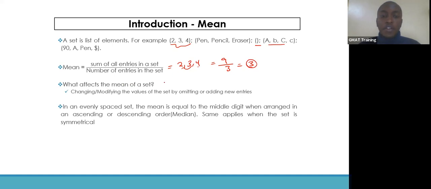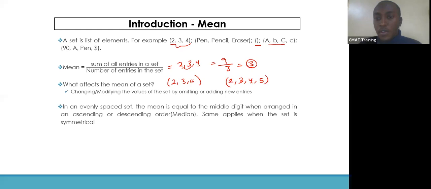What affects the mean of a set? Let's use 2, 3, and 4 for this example. Modifying the values of the set by omitting or adding new entries. For this set, you can add another entry, say 5, and the new set will be 2, 3, 4, and 5.